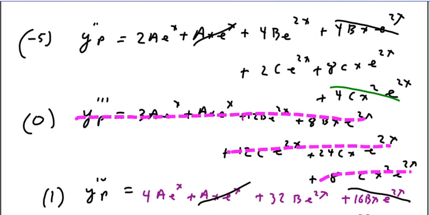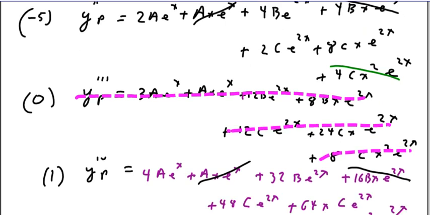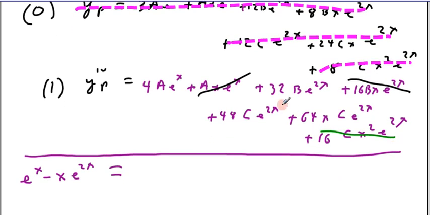So now I've got minus 20b. Minus 20, and I have plus 32, so I've got 12b e to the 2x. Okay.